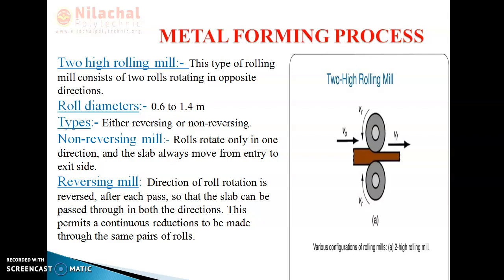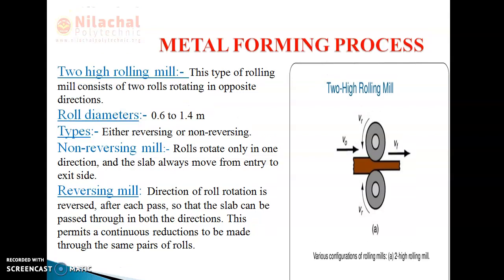Then we can discuss the non-reversible type. It means in this type of mill, the direction of rotation of the rollers is fixed under any circumstances and cannot be changed.